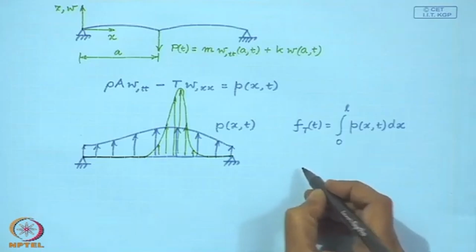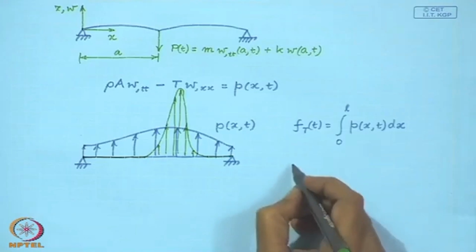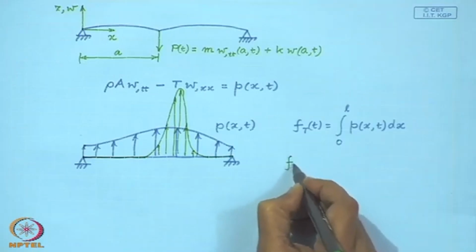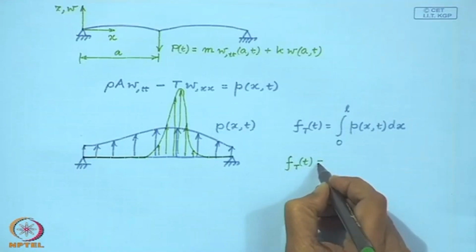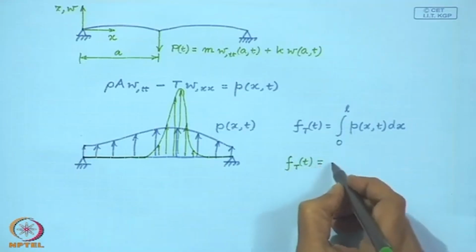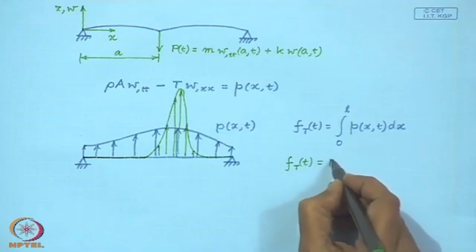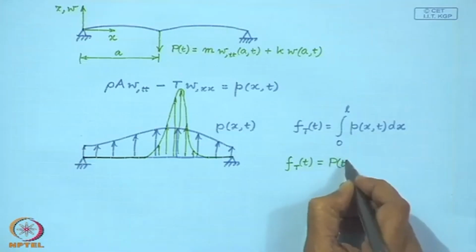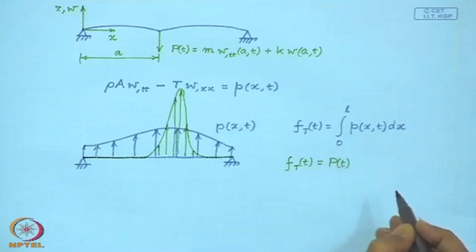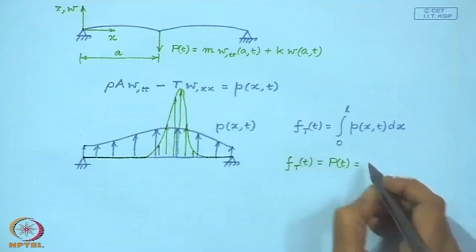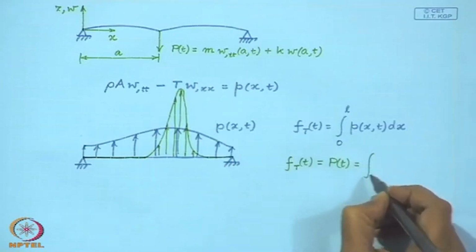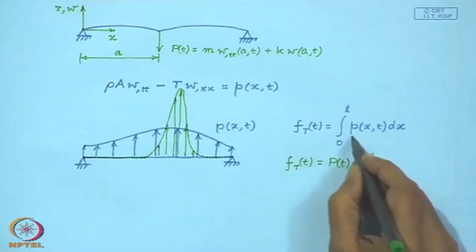So, how do you achieve such a thing? So, the total force must be equal to P t that we have here, but that must come by integrating out a distribution.